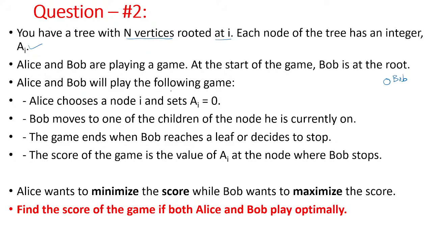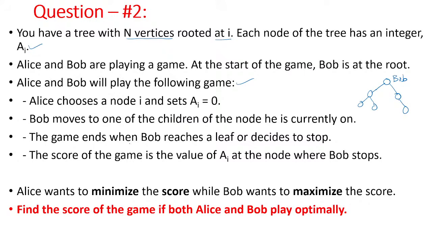Alice and Bob will play the following game. The game rules are given like this. Alice chooses a node i and sets a of i equal to 0. Assume that there are some nodes here in the tree, it can be in any way.